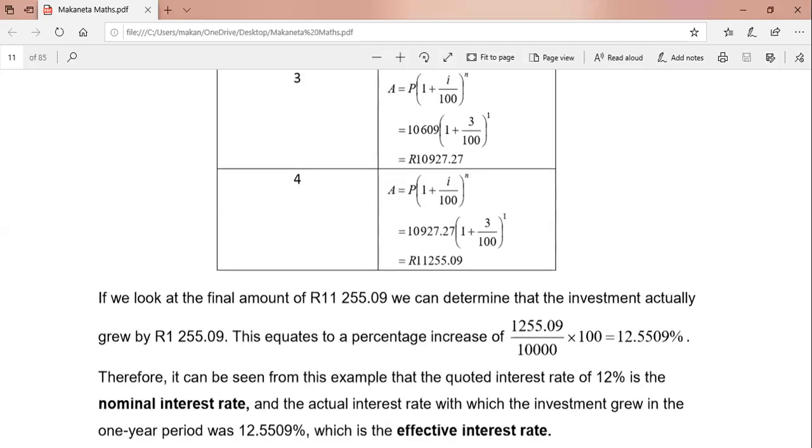And then on the 1st of July, that is the beginning of the third quarter now, which will end on 30 September, your accrued amount from the second quarter becomes now the principal amount.